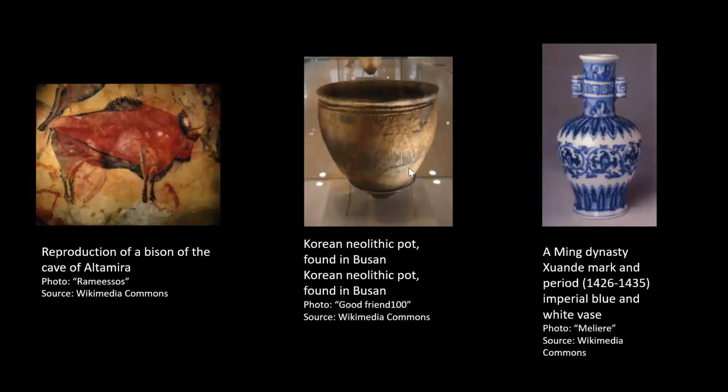So, utility and value of materials. Now, the book makes a really interesting point that early art materials, as far as we know, were of very low intrinsic value. So, in the case of the cave painting or the reproduction of the cave painting on the left-hand side of the screen, the art supply, so to speak, that the artists used would have been very inexpensive.